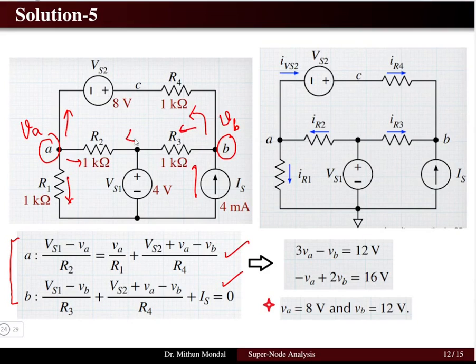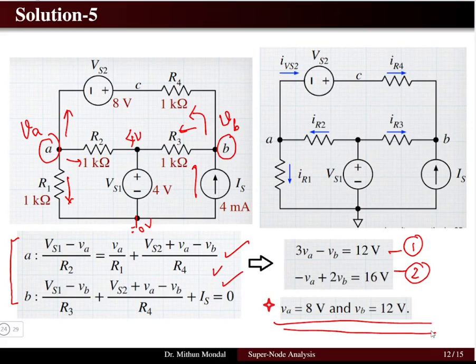Here we have 4 volt with reference to the ground, which is 0 volt. Then we substitute the known quantities and find two independent equations which, on solving, give the potentials of nodes A and B.